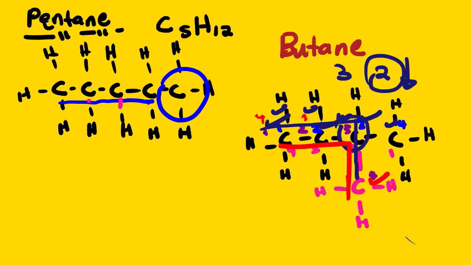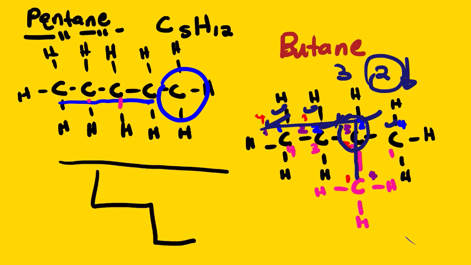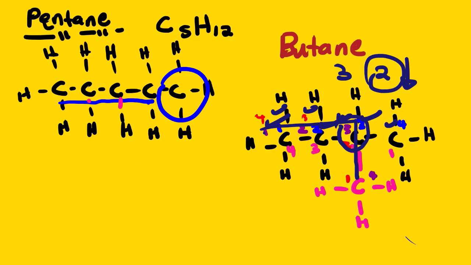So whenever we write the names, we should be very careful and open-minded to check the longest chain, because sometimes the longest chain might move like this instead of specifically being like this. So you don't have to identify the longest chain as a straight chain. You should know that you can have different directions.